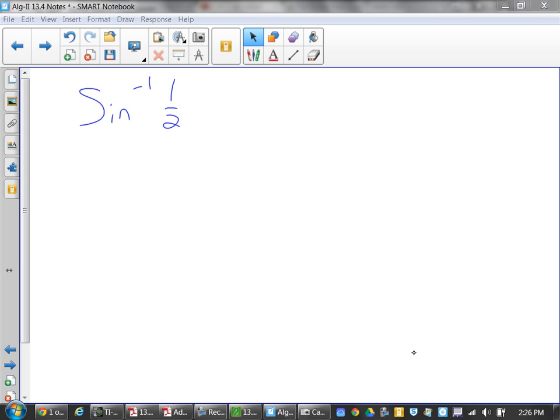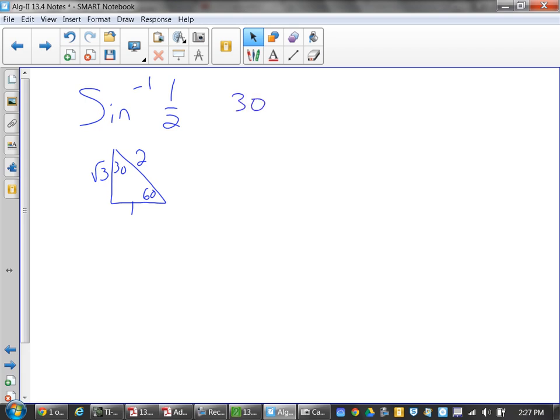Yes. We're working with 30, 60, 90 because we have 1s and 2s. We okay on that? So get in the habit of just drawing this out. We have 1, √3, 2, 30, and 60. Which of those two angles has the sine of 1/2? The 30 degree. So I know this has to be the 30 degree angle.